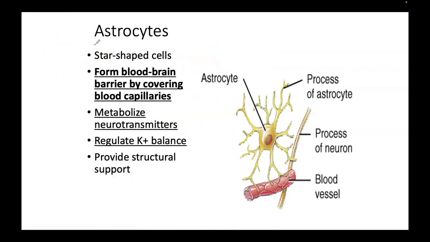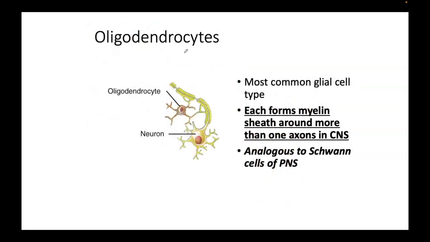So the astrocytes, astrology, astronomy, astronaut, right? All dealing with stars, and that's what an astrocyte looks like, a star. It forms the BBB, the blood-brain barrier, by covering the capillaries. And there's a lot of exchange of nutrients. It's involved in metabolizing neurotransmitters. It's involved in regulating potassium balance for nerve conduction and for action potentials. That's the astrocyte.